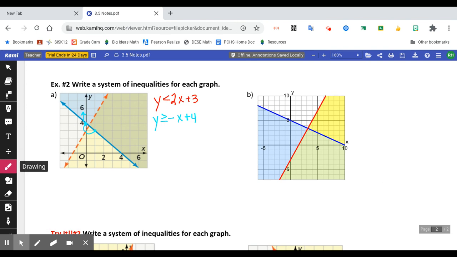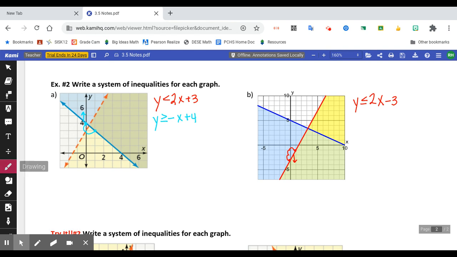Back to red. Red is the yellow shading, so I'm going to have y. It's shaded down, so it's less than or equal to because it's solid. It intersects at negative 3. And my slope is here to here, so 1, 2 over 1, so 2x.